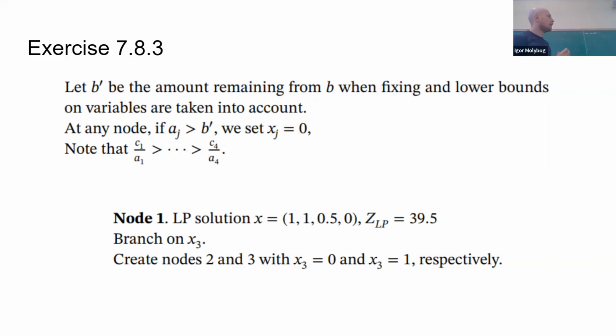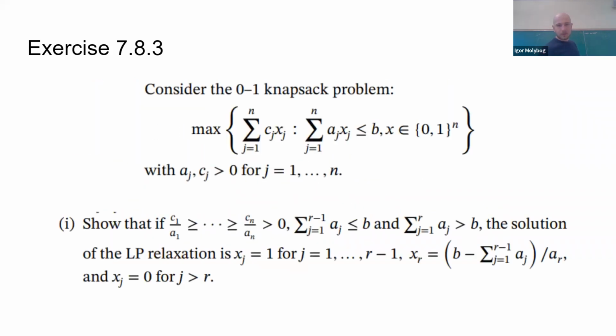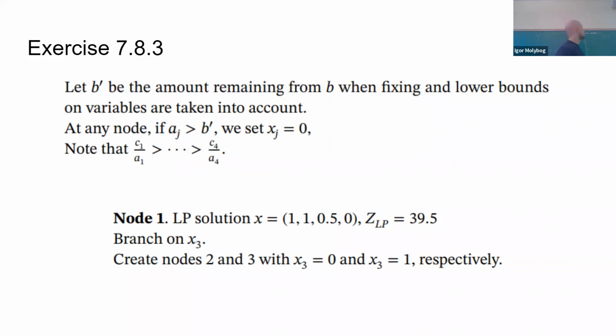Regarding how we branch on the variable x3, because it is a fractional number, our ZLP, which is the upper bound for our solution, is 39.5, and the lower bound is minus 70.